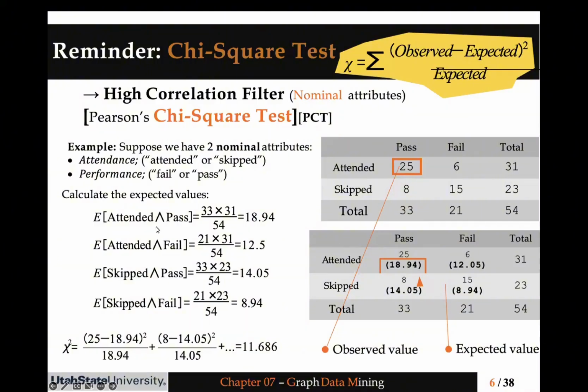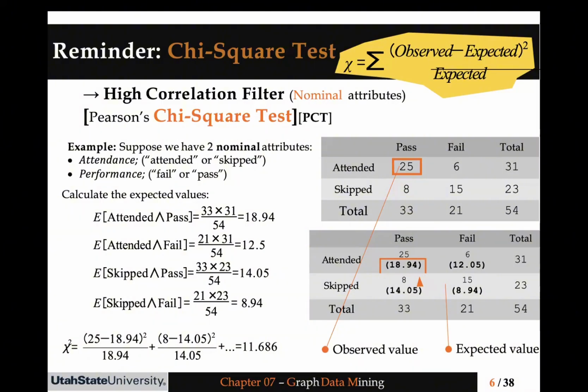So now I should expect 18.94 students to have attended and passed, just based on the number who attended and the number who passed, regardless of their relationship together. We can already notice that the observed number of students that passed and attended is 25, but we would expect only 19 students.